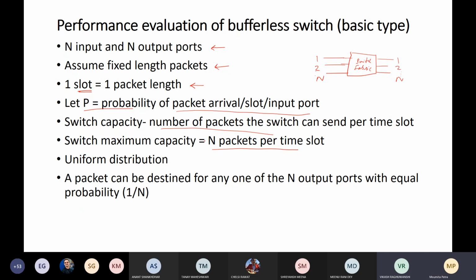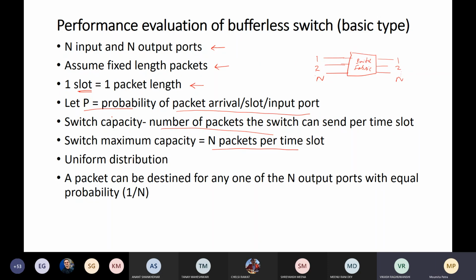N packets per time slot. Given that in one time slot you are sending one packet of a given packet length, and N is the total number of input and output ports, the maximum switch capacity should be N packets per time slot.